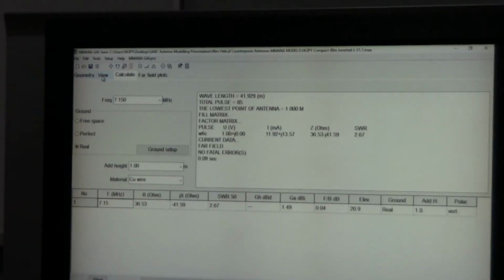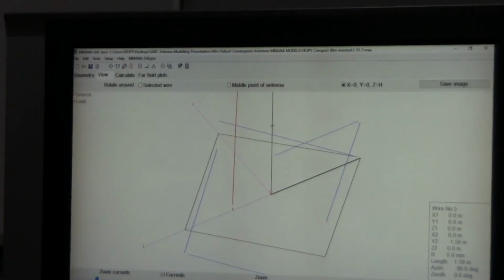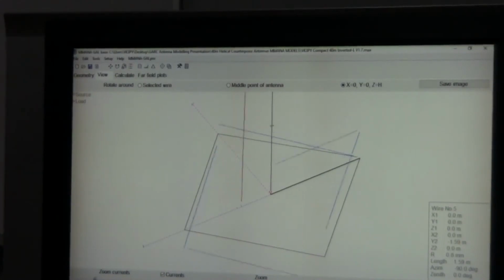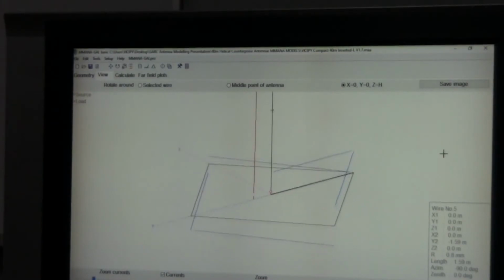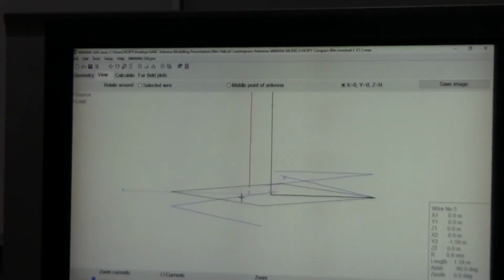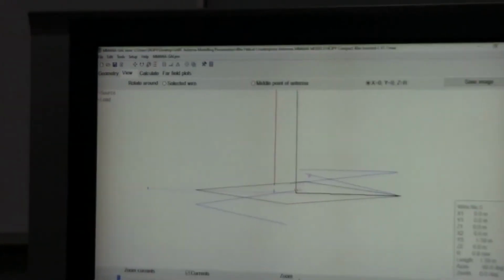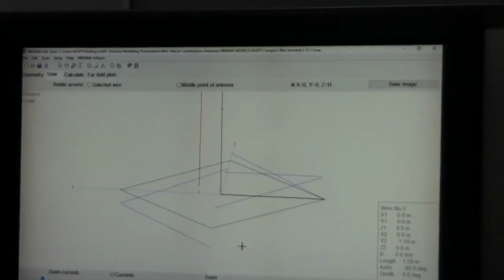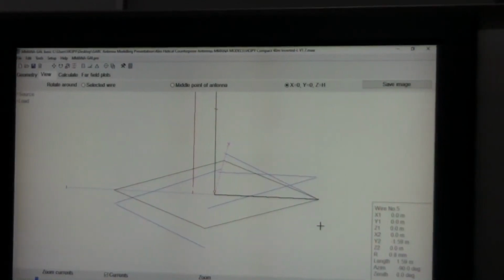Current distribution. Let's just wind the currents back a little. Again, we see the red currents there on the vertical radiator, and the current on the horizontal. This is a bit hard to visualise, maybe.